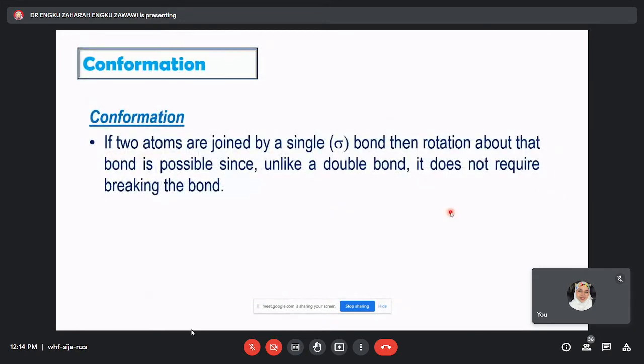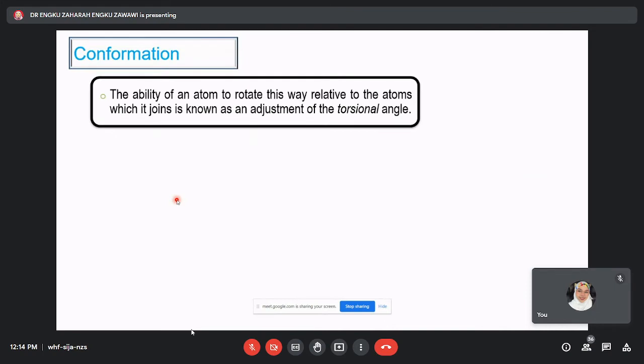So okay, conformation: if two atoms are joined by a single bond, then rotation about the bond is possible since, unlike the double bond, it does not require breaking the bonds. Okay, and then the ability of an atom to rotate this way relative to the atom which it is joined to is known as the adjustment of the torsional angle.